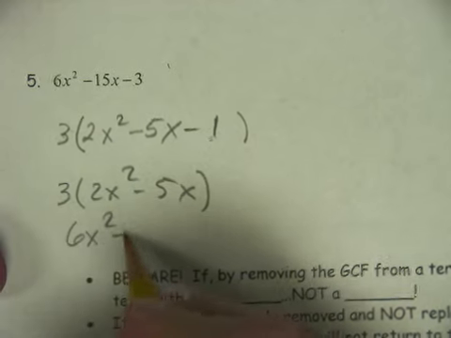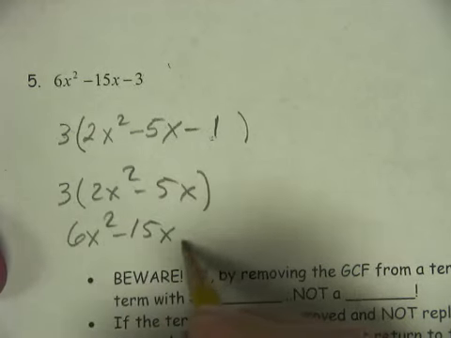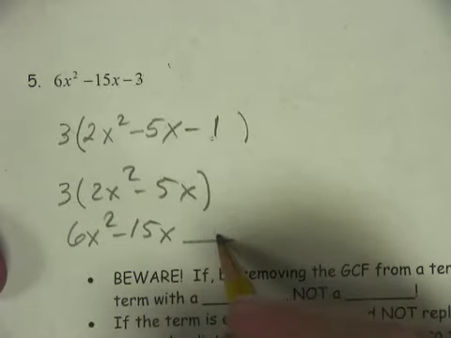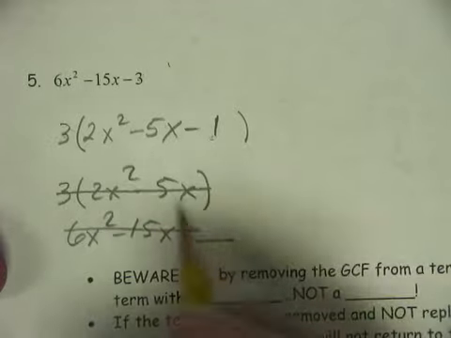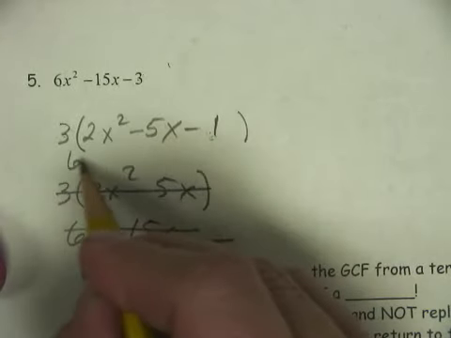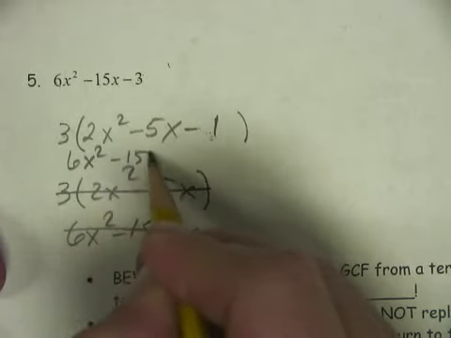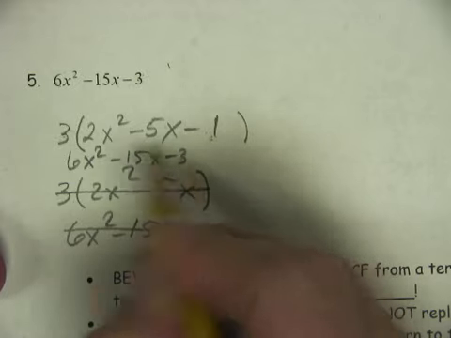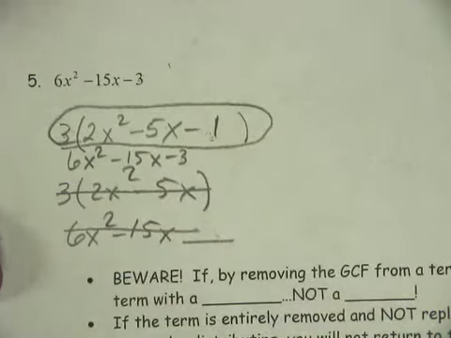It'll be 6x squared minus 15x, but I won't have that 3 there. So this is incorrect. I have to put the 1 here. So that gives me 6x squared minus 15x, and then that minus 3 shows up. So there's my answer. Okay, so we got a couple blanks to fill in, so let's do those next.